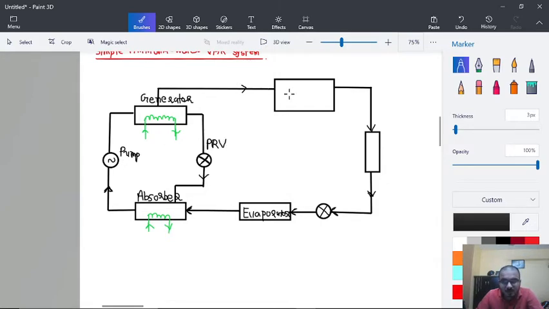Then here we have condenser. And here we have receiver.